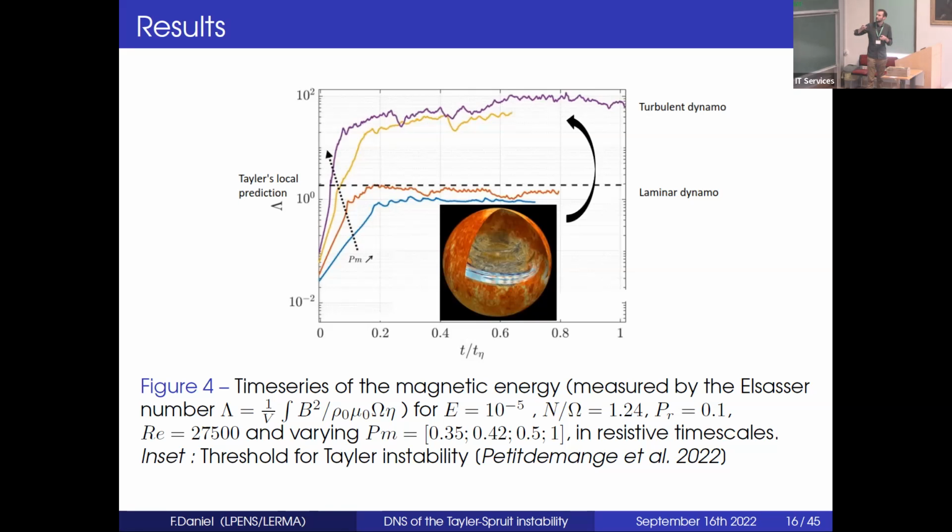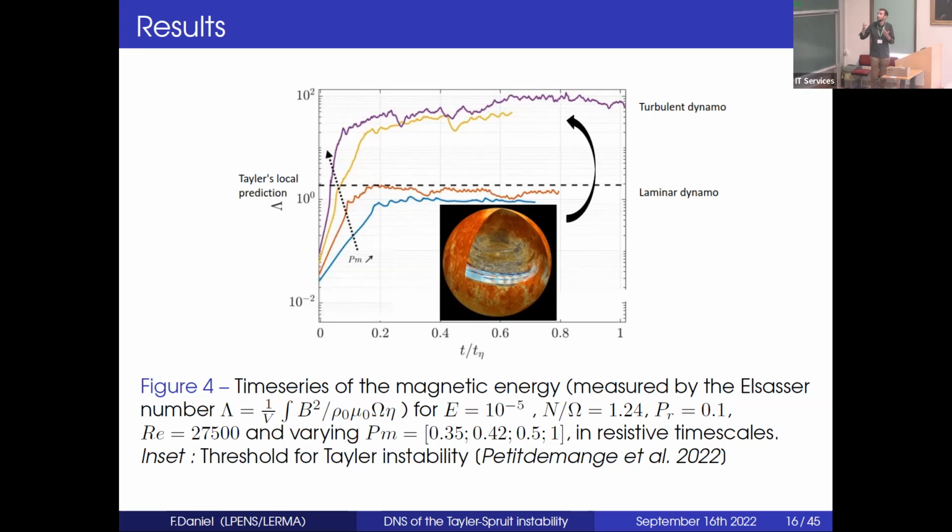And if at the end of the first stage the magnetic field is strong enough, in other words, if it's higher than this horizontal line here, it will become unstable and get a secondary amplification, which will make the field saturate at a much higher level than if it had not crossed that line. What's interesting here is that this line is in very good agreement with the Taylor local prediction for the threshold of instability.